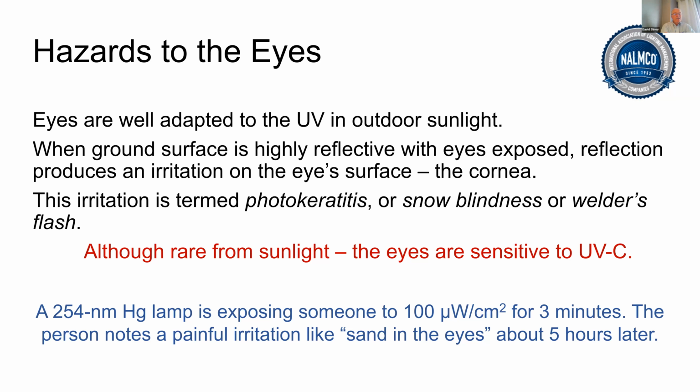And under this condition, your shoulders and the top of your ears and the tip of your nose are getting the highest exposure. But the cornea is hardly being exposed at all, to just a few percent of what the top of your head would be exposed to.